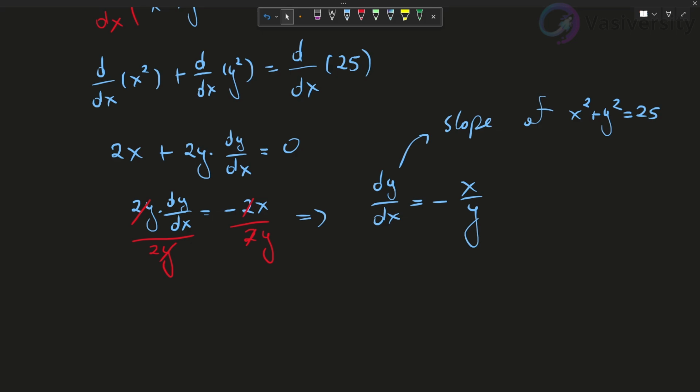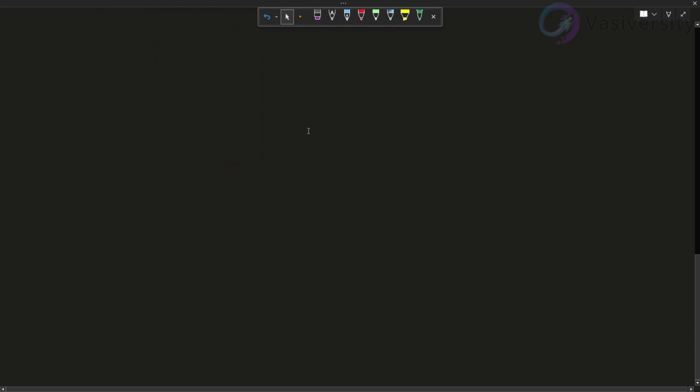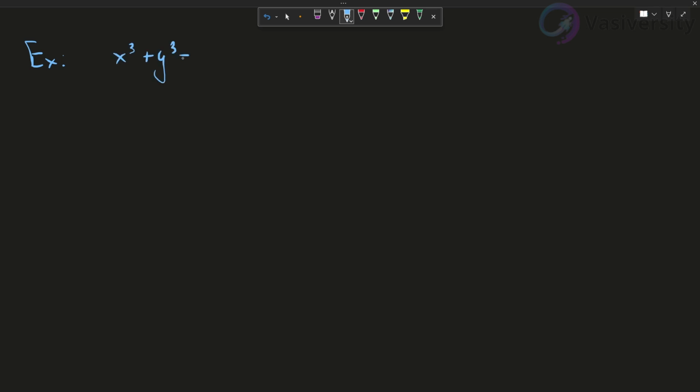Okay, now let's go ahead and do another example. Let's say again we have x cubed plus y cubed is equal to 6xy, and we're asked to find y prime. What does that mean?